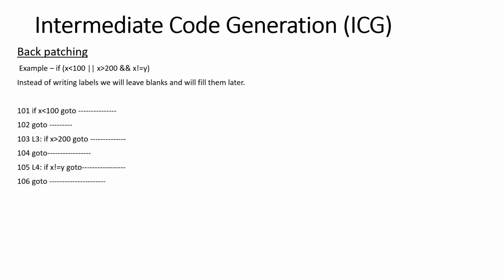Ignore the labels L3 and N4, they are not written there, right? So for the backpatching process, first of all we have to draw the parse tree for this particular statement.